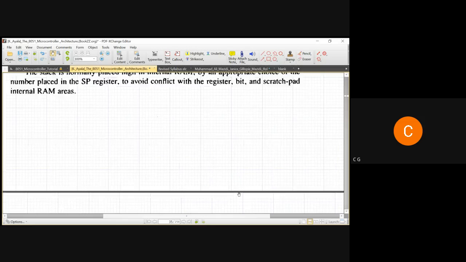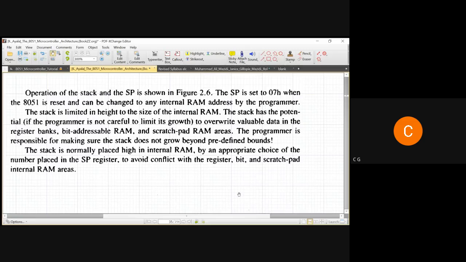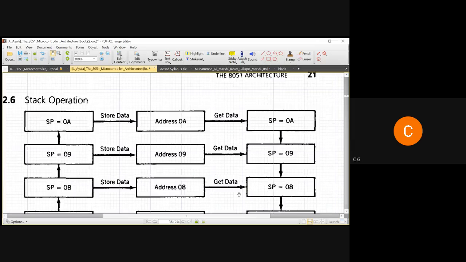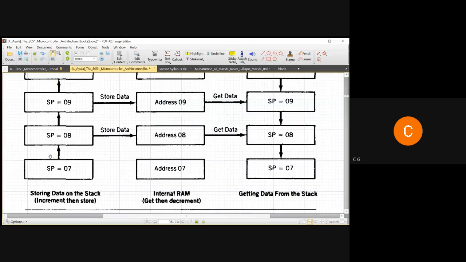As you refer to different books, sometimes it will say that it jumps one bit higher, meaning instead of incrementing, these people have shown that the stack pointer jumps to the next location. So it stores some number here, then the stack pointer goes to 06 for the next number.